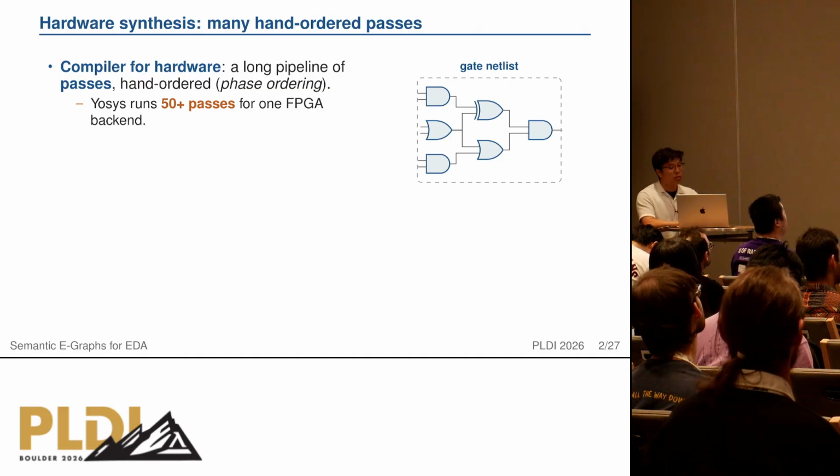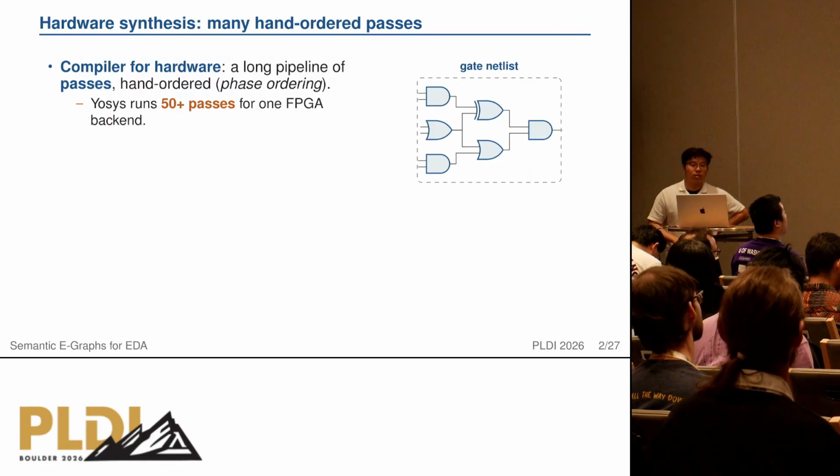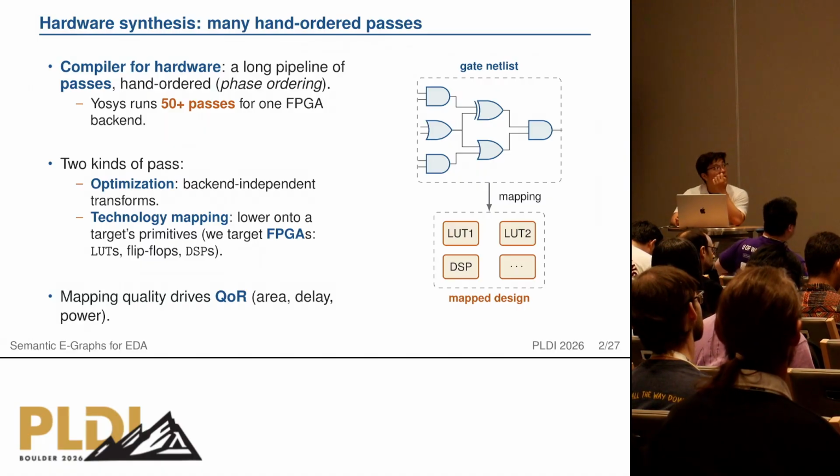So first, about our motivation. Hardware synthesis is like the compiler for hardware, and there is a long pipeline of passes. For example, there's an open source tool called Ulysses that has around 50 or more passes for one FPGA backend, and all of them are manually ordered. There are two kinds of passes we care about.